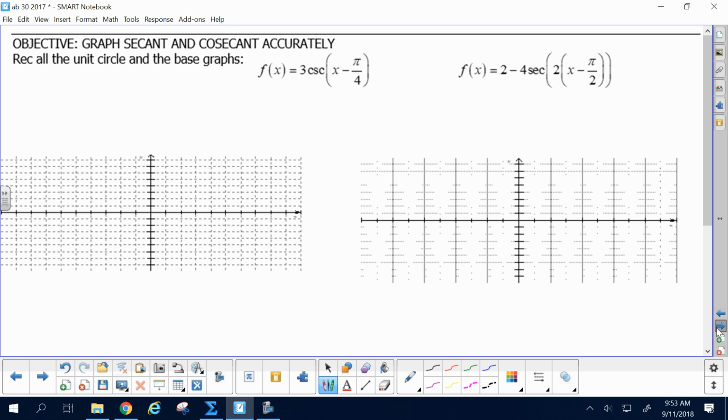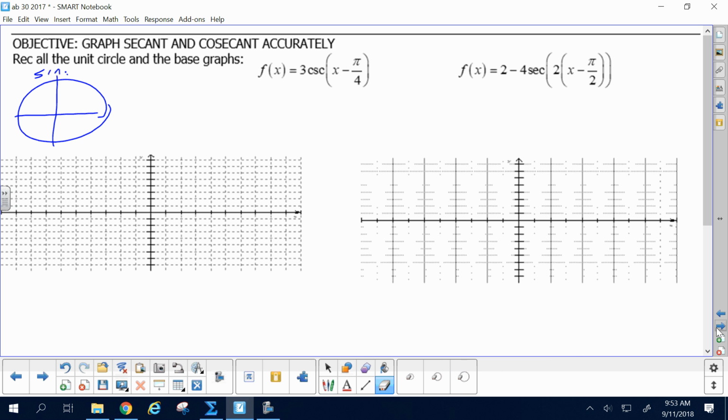Okay, good deal. Let's get a little harder now. Secant and cosecant. Recall the unit circle and the base graphs here. So, first, for sine it goes 0, 1/2, root 2 over 2, root 3 over 2, and 1 there, yeah?